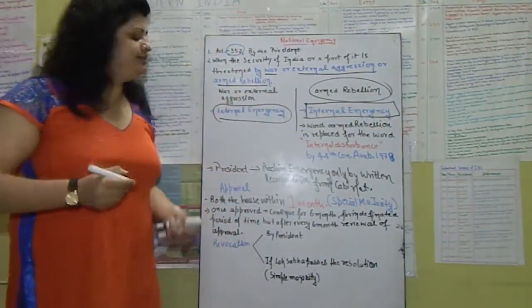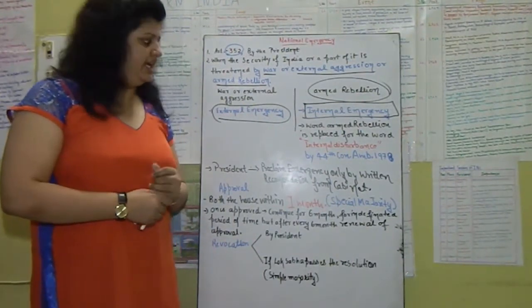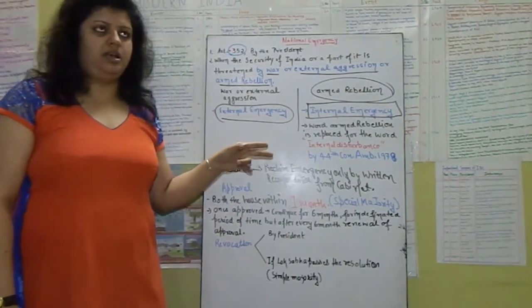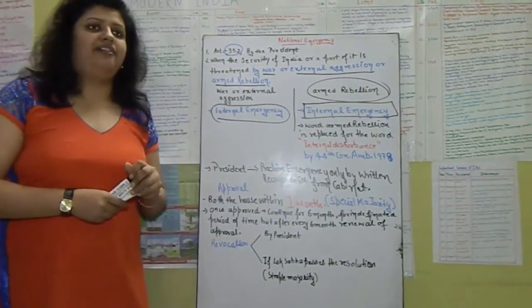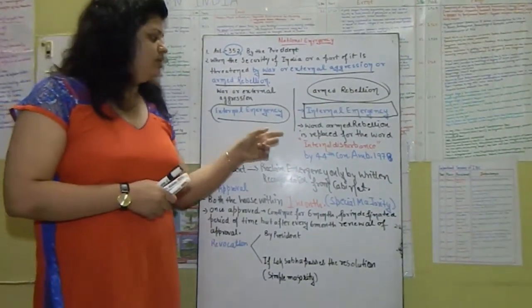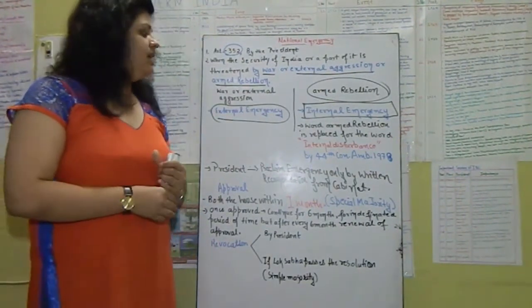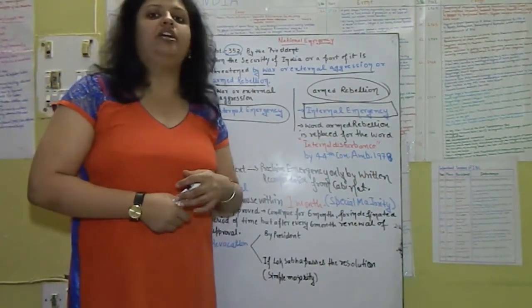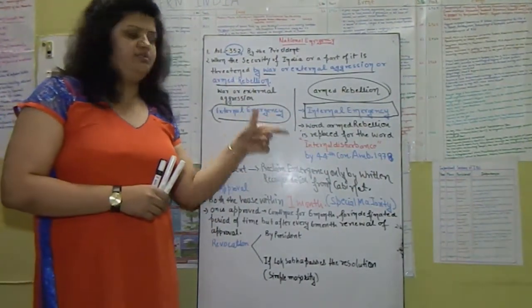And I've told you that prior to 1978, the word internal disturbance was there in the constitution, but because in 1975 the government misused the word, therefore under the 44th Constitutional Amendment of 1978 by the Morarji Desai government, this word was replaced.